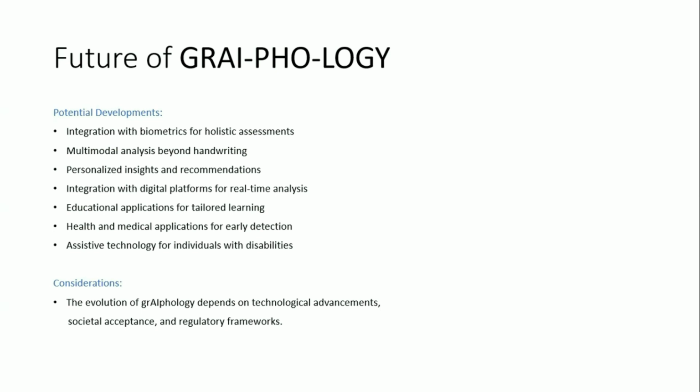Assistive technology like graphology can also be used to help people with physical disabilities. By using inputs such as eye tracking or motion sensors, AI algorithms can assist in converting these inputs into legible text or digital outputs. Thus graphology has a very promising future.